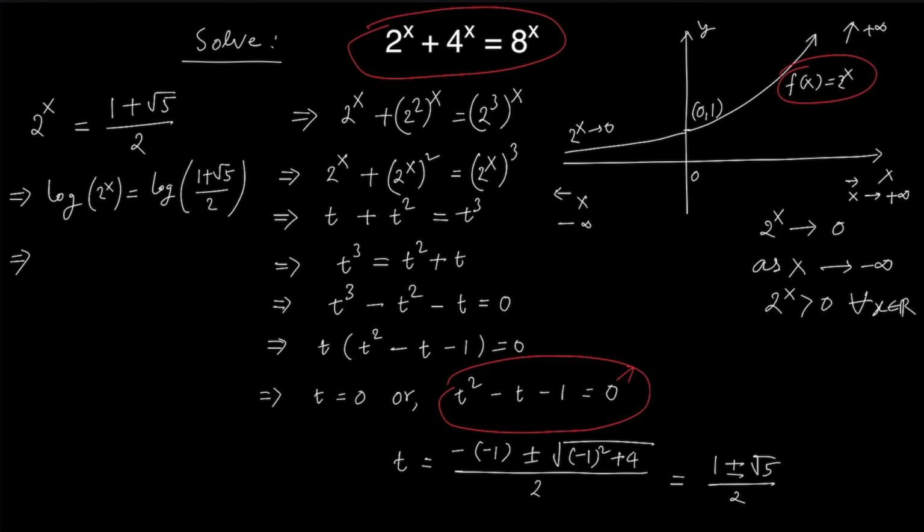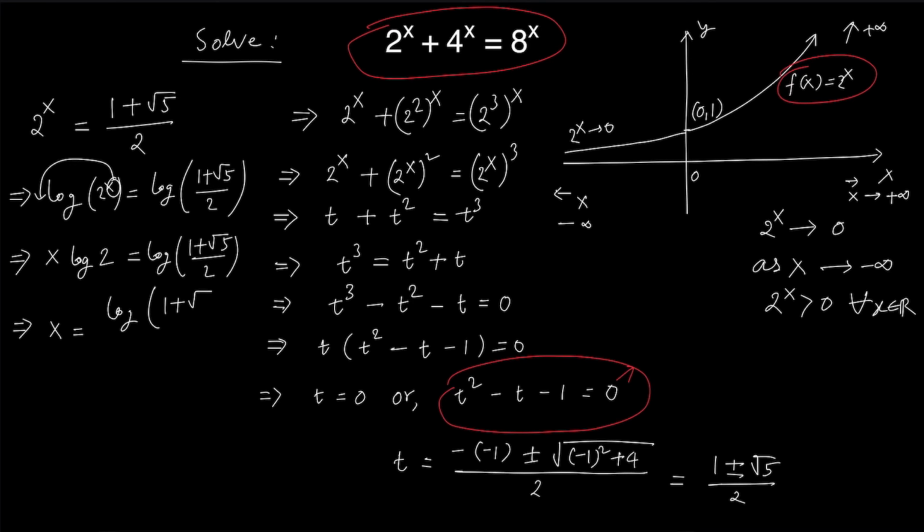Now applying the property of logarithm, this x will come here, so it will be x log 2, and this is log of 1 plus root 5 by 2. So we can divide both sides by log 2, so x will be basically log of 1 plus root 5 by 2, divided by log 2.